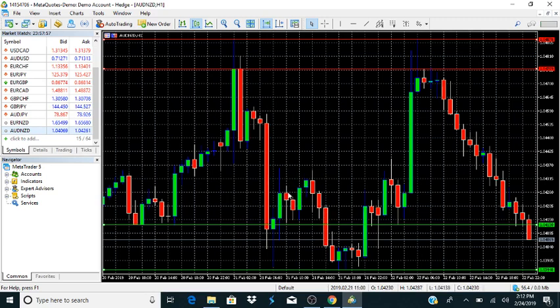So this area right here would be considered a small term minor resistance area, and this right here would be a small term minor support area because it shot right back up. These, for the most part, as you can see, if you go back in history, boom, boom, boom, it's pretty much a long term major support, or I would consider it that.